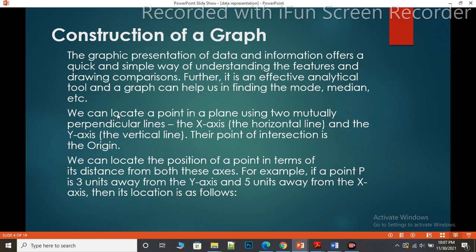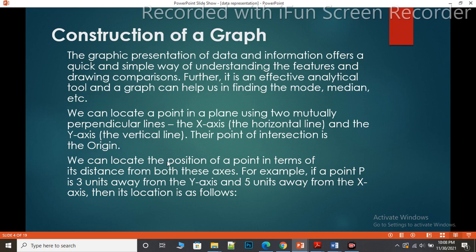We can locate a point in a plane using two mutually perpendicular lines, the x-axis the horizontal line and the y-axis the vertical line. Their point of intersection is the origin. This is the basic graph construction: you have the x-axis, the horizontal line, and the y-axis, the vertical line, and their point of intersection is the origin.